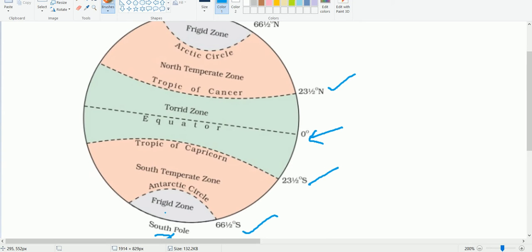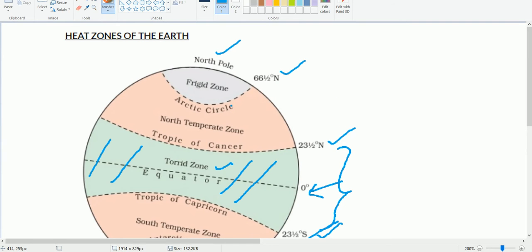And you have learned that the lane between the two tropics, 23 and a half degrees north to 23 and a half degrees south, is known as the torrid zone.